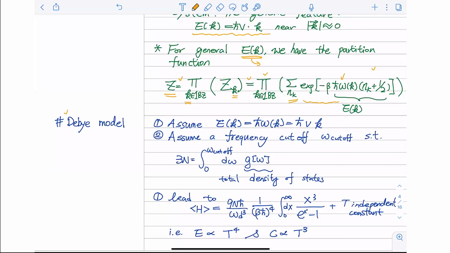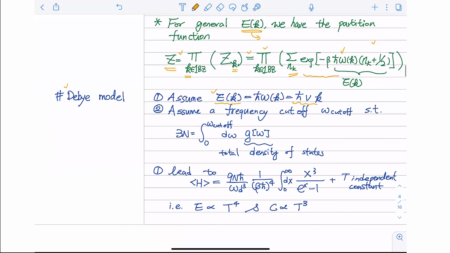The first feature is that, as we mentioned, the energy nearby small k should be linear. But Debye makes a stronger assumption, basically assuming that the energy for all the reciprocal vectors k should be linear. Okay, so that's the first assumption. Basically, he linearized the band.